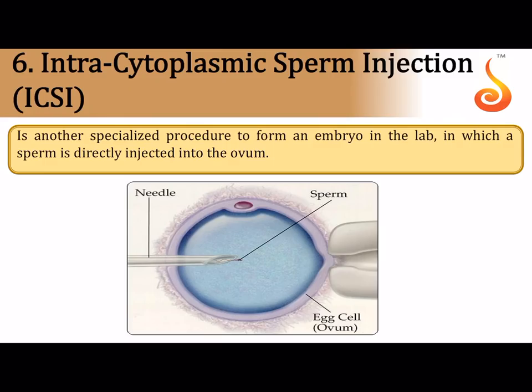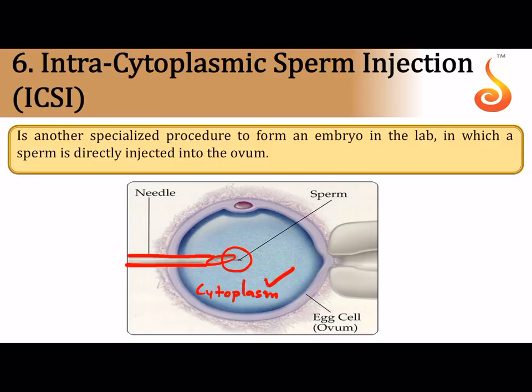The sixth one of assisted reproductive technology is called intracytoplasmic sperm injection. This is a very micro manipulative procedure. See, this is the egg and the sperm is being directly injected into the cytoplasm. This is the cytoplasm of the egg. So using a very thin micro needle, see, the sperm is being injected into the cytoplasm of the egg.